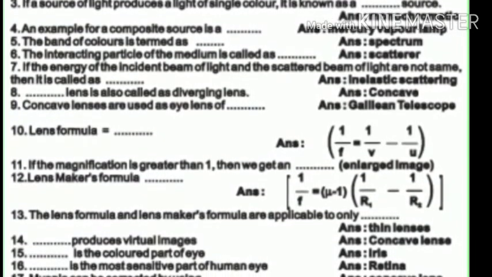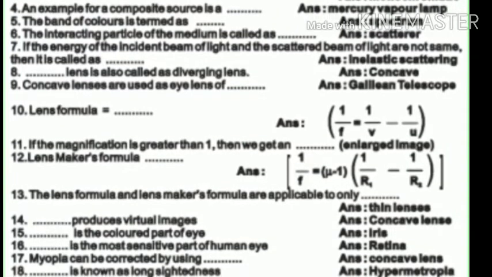Question number 10. Lens formula is equal to 1 by f equals 1 by v minus 1 by u. If the magnification is greater than 1, then we get an enlarged image. Lens maker formula is dash.